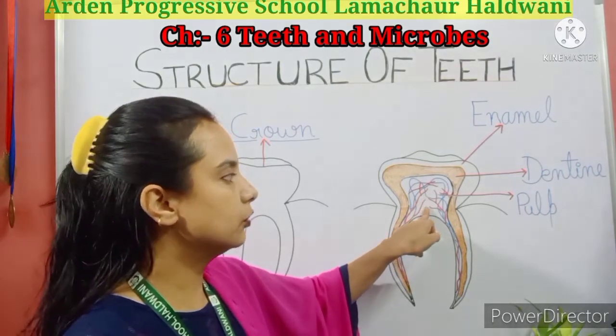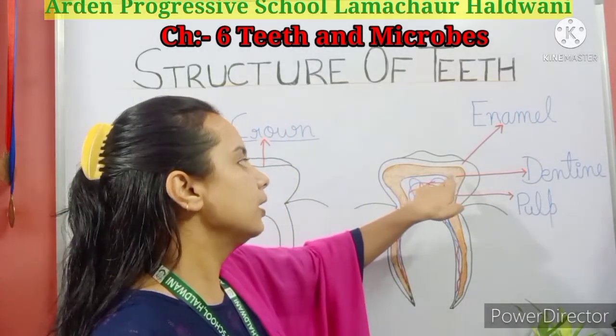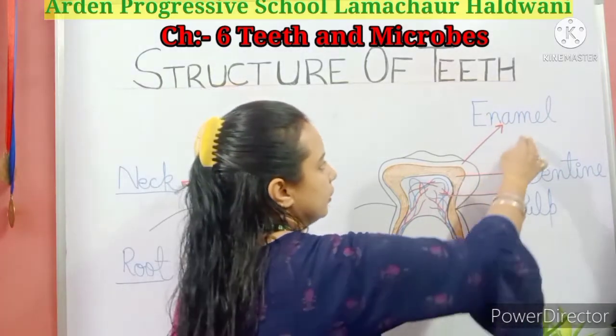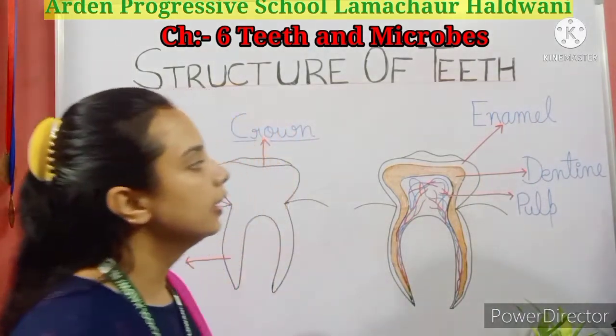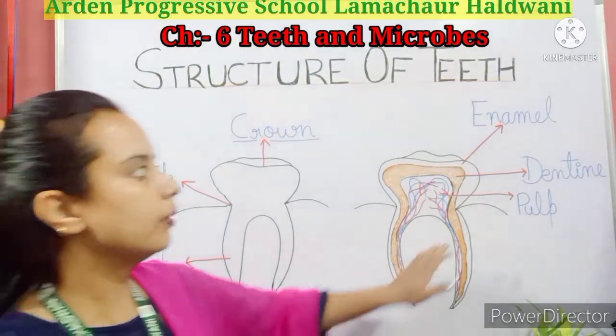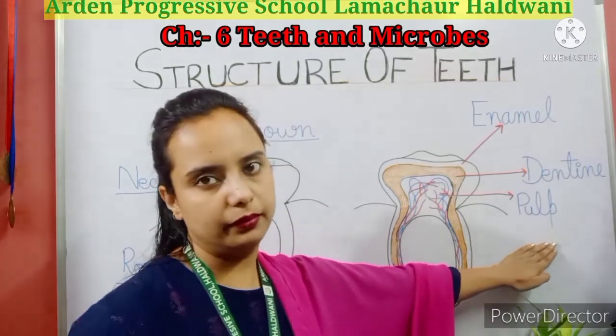So the middle part is the dentine, and the white portion is the enamel. Now let's understand about the enamel, the dentine and the pulp.